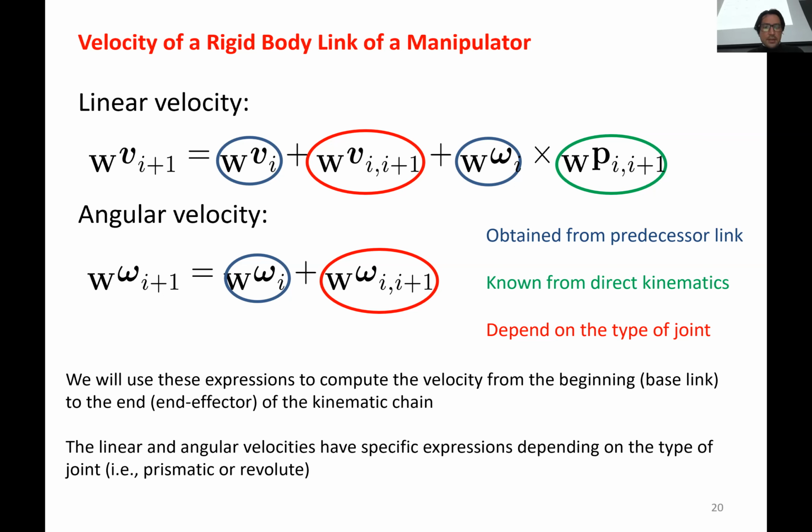Okay, good. So now let's talk about the velocity of a rigid body, a link of a manipulator, but now specifically we're going to start with the prismatic joint.